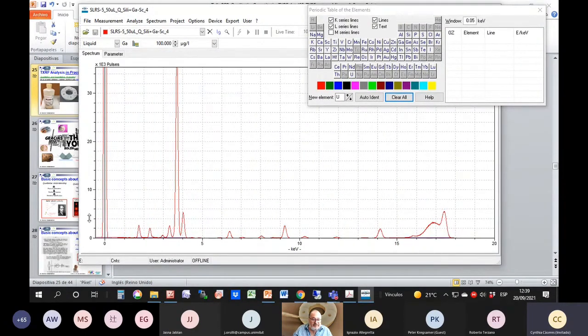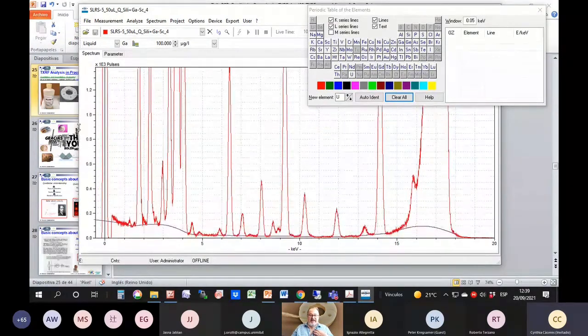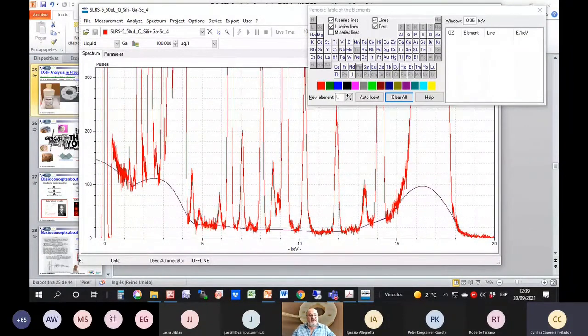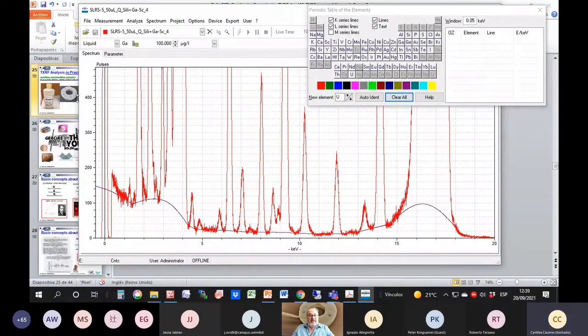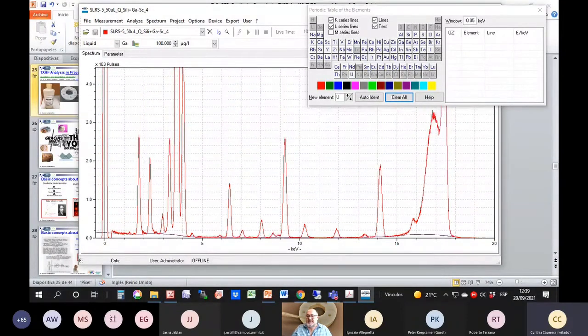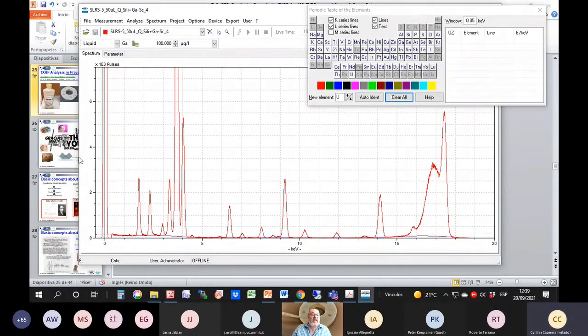Here we have the complete spectrum, the real spectrum with the real noise, with the real problems of detection limits, with all the real aspects that one can find for this sample in particular. We know that we are using gallium. Gallium is here. Then I am going to mark it.